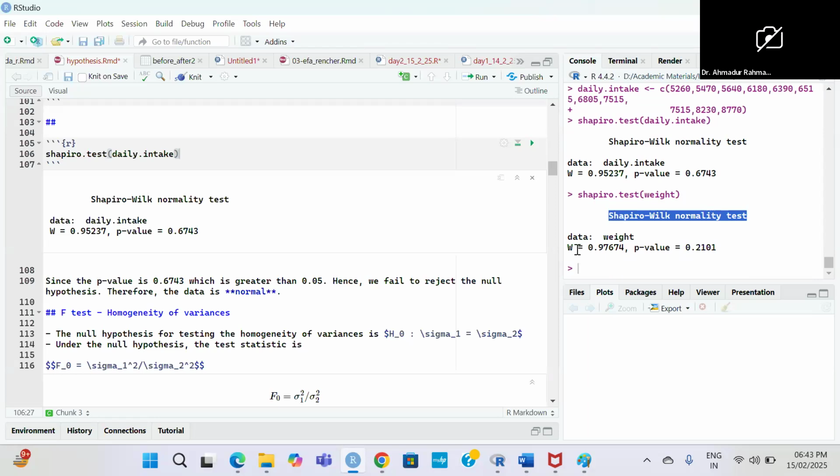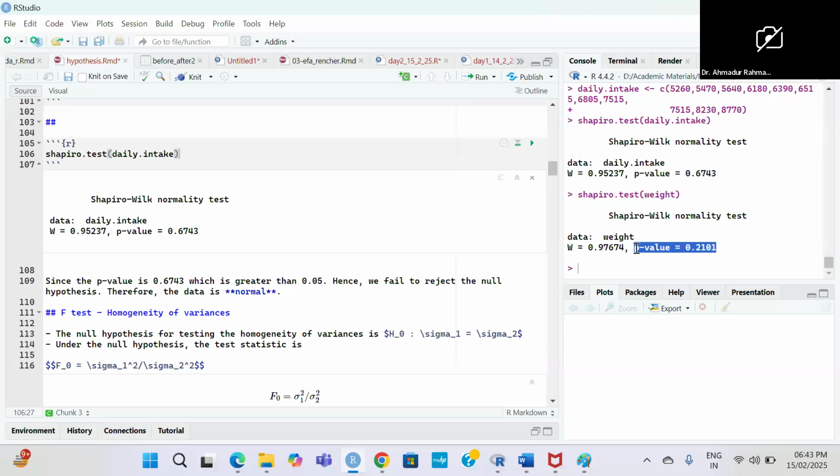Shapiro-Wilk normality test, data is weight, and W means the Wilk test statistic, the value of which is 0.97674, and the p value is again greater than 0.05.